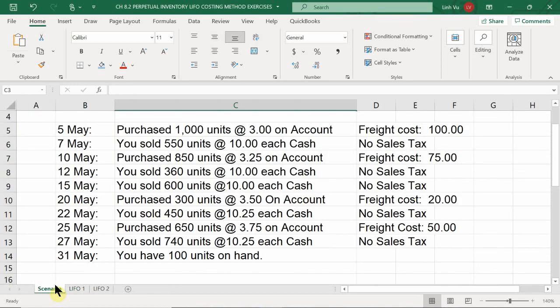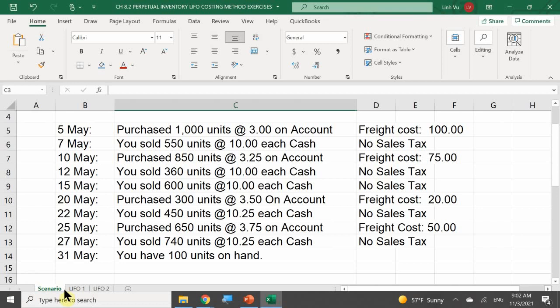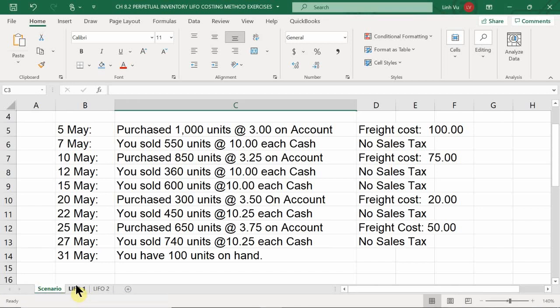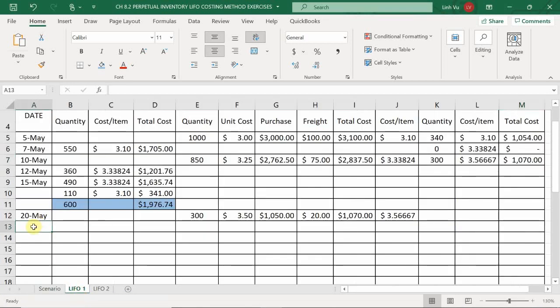Let's go ahead and see what happened next. Then on May 22nd, we sold 450 units. Now, which batch of inventory am I going to take out from?